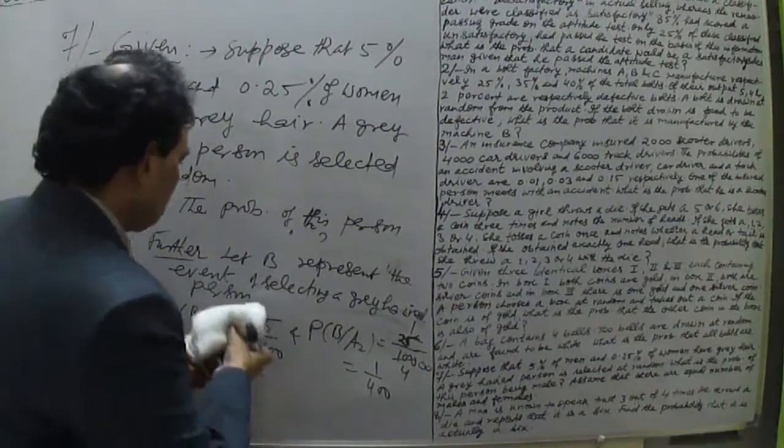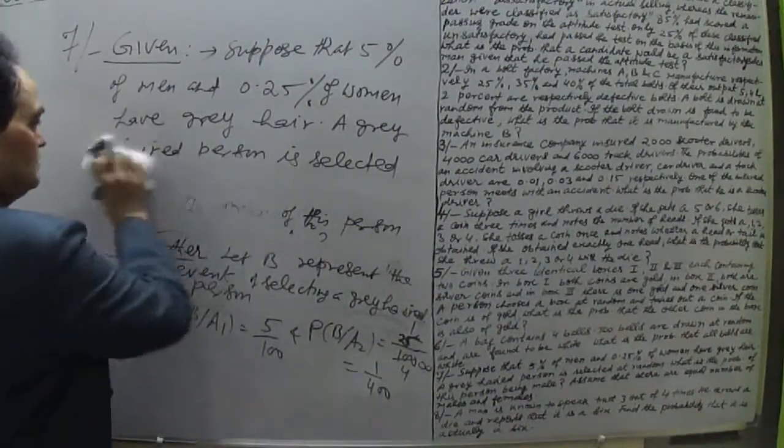Hence, now the probability that the selected gray haired person will be a male. Let me solve it here.